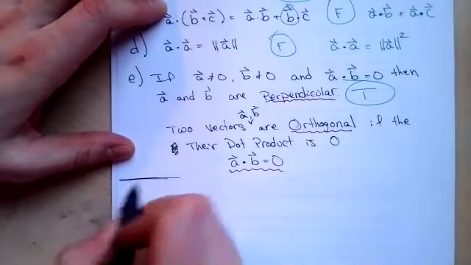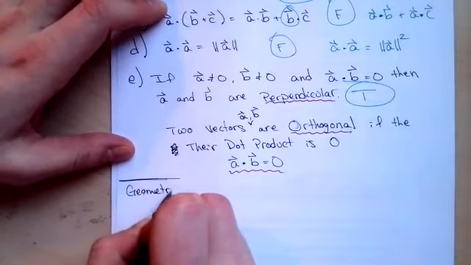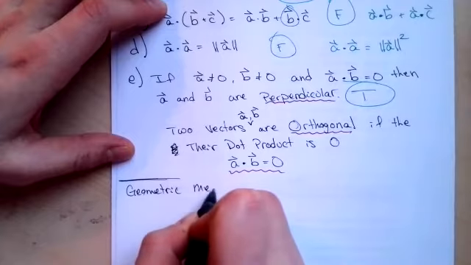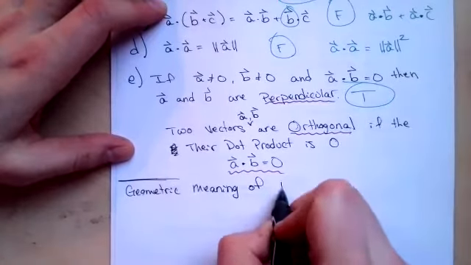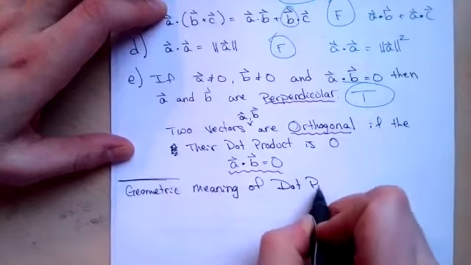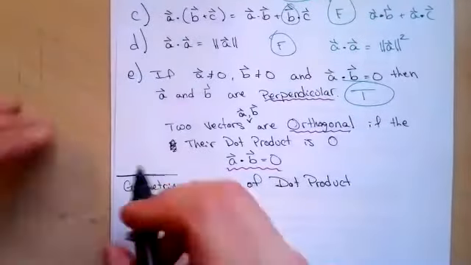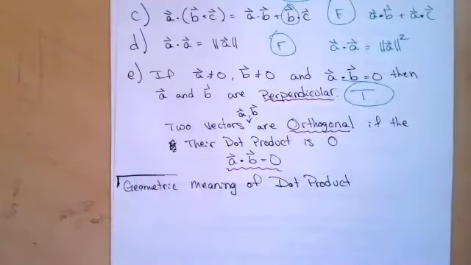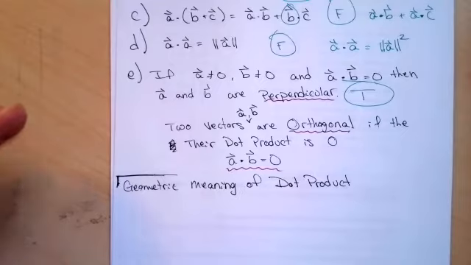Geometrically, what does it mean? We have a geometric formula, so let's break that down. We know at least that if the dot product is equal to 0, that gives us a notion of orthogonality, of perpendicularness. So what about in general?